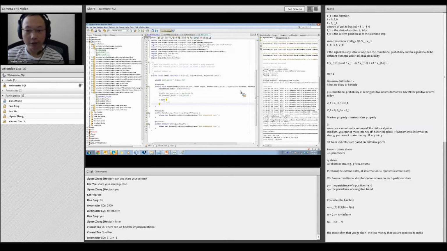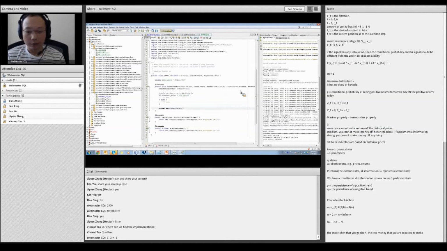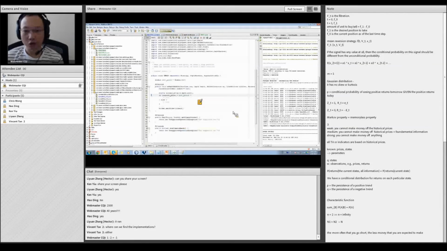Number one, you play with this template by changing the parameters to see whether the theory that we discussed yesterday is correct or not, by doing some experiments and backtesting on historical data. And number two, you code up your strategies. This is probably the simplest strategy that you can code up.